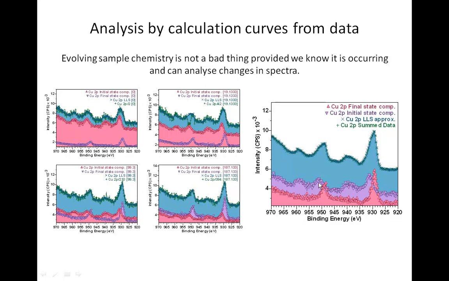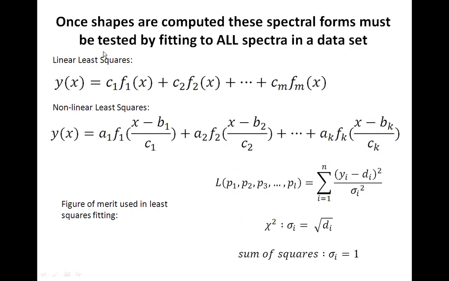I keep referring to fitting these data, and what do I actually mean by fitting these data by these two curves? Well, in terms of linear least squares, what I'm doing is using a function that I calculate by defining an expression in terms of a set of curves.